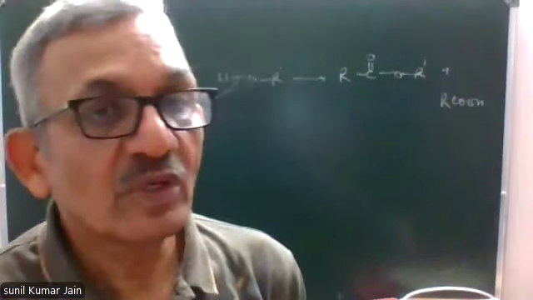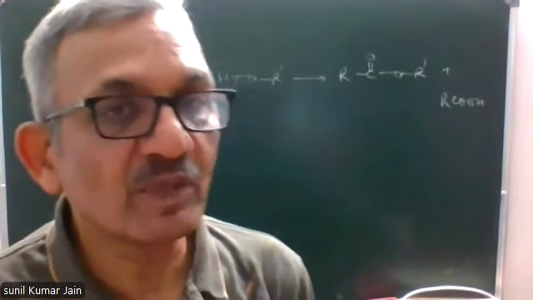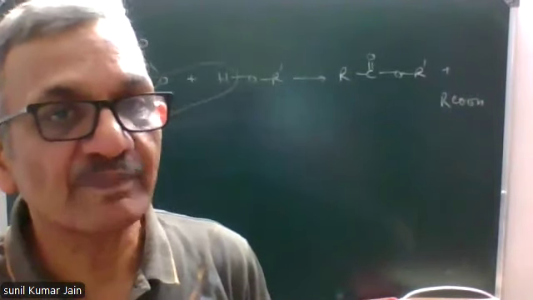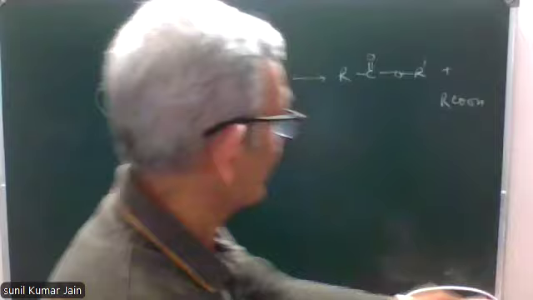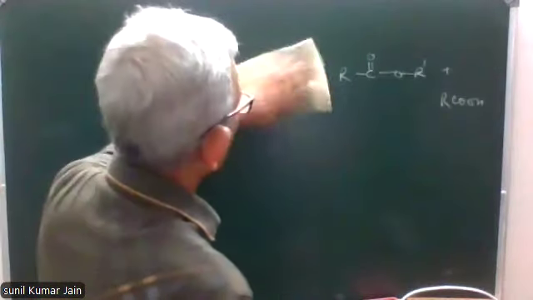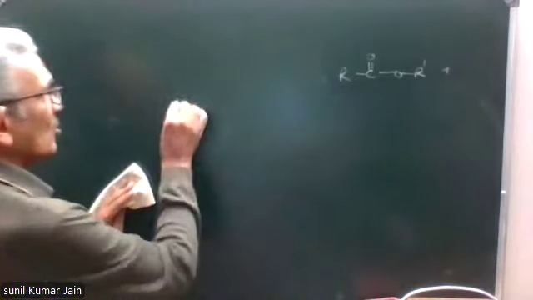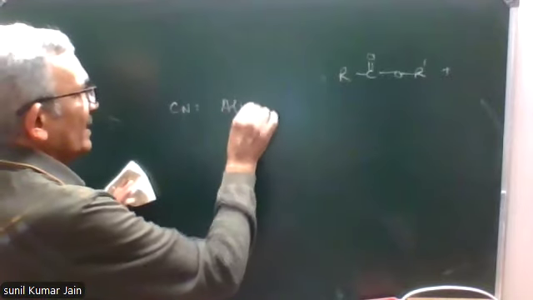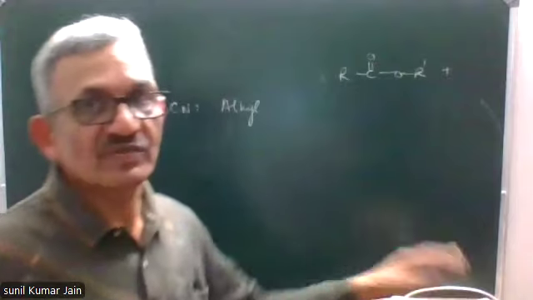Now I'm telling you the common name and IUPAC name of an ester, and on that basis we'll take up an example for reverse calculation. Common name: there will be two words. The first word will be alkyl.